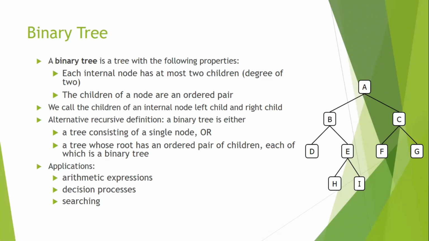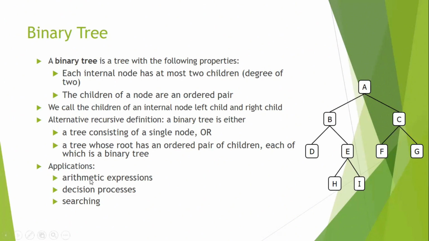Binary tree also calls the children of an internal node left child and right child. Then an alternative recursive definition of a binary tree is either a tree consisting of a single node, or a tree whose root has an ordered pair of children, each of which is a binary tree.